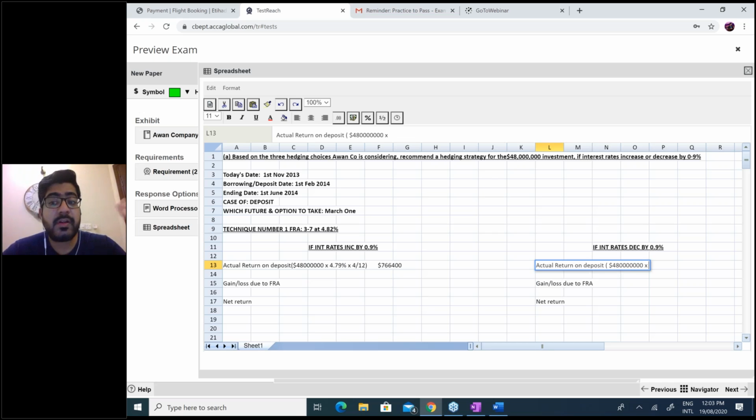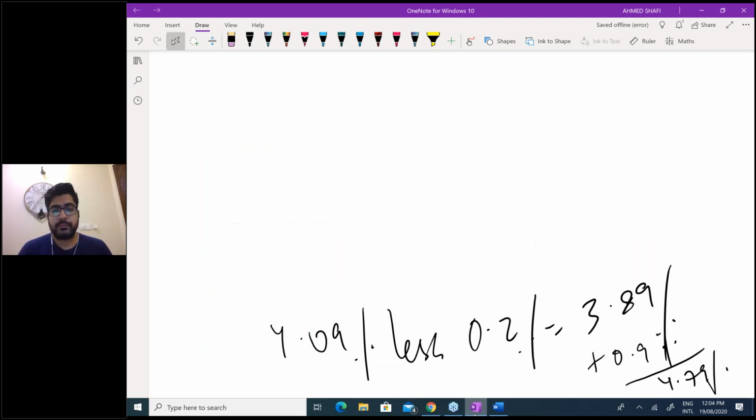But if interest rate decreased by 0.9%, you can only invest at 2.99%.